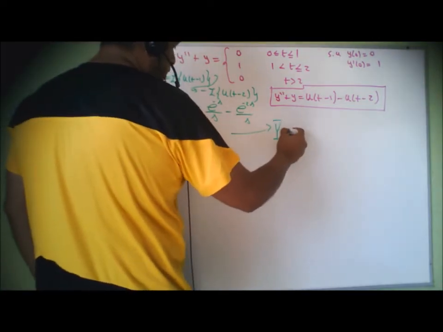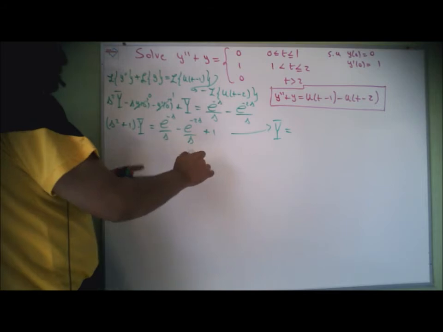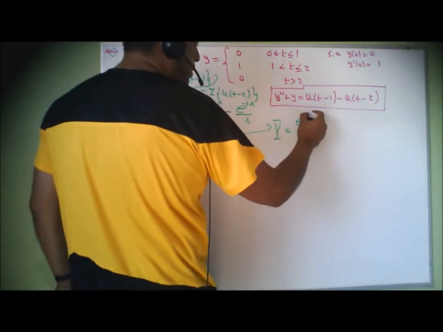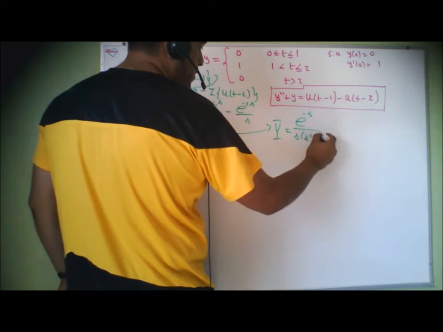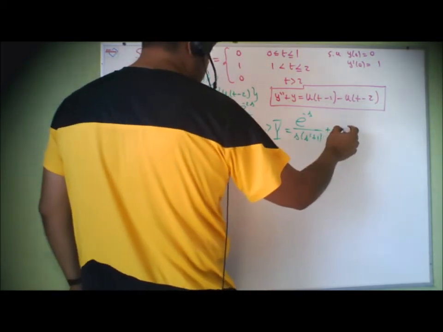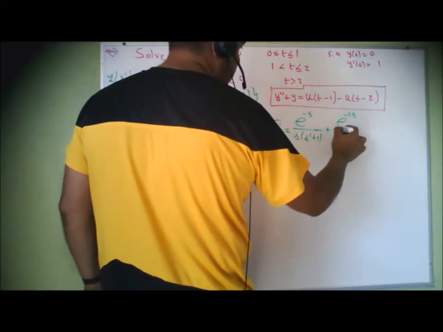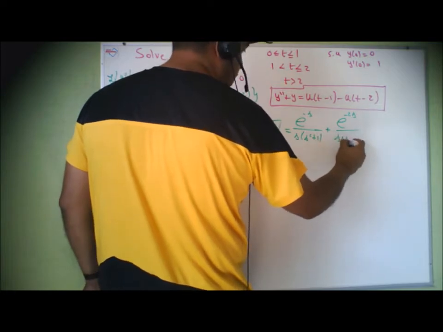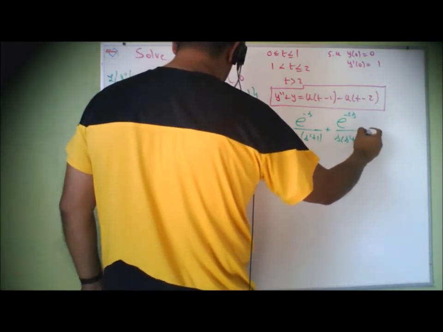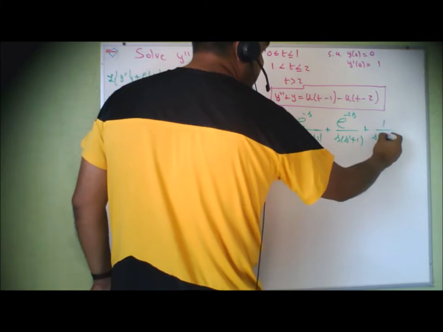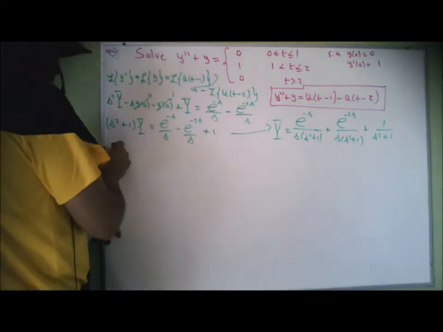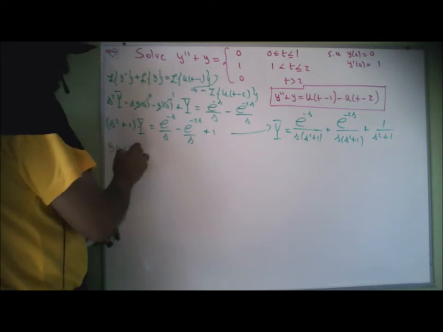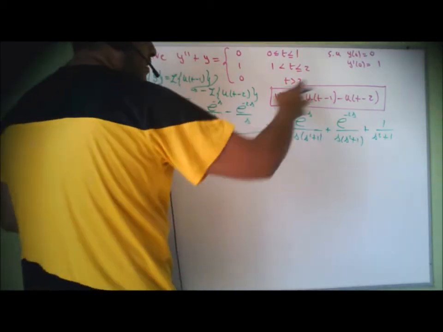Okay, let's clear the Y. Capital Y is equal to, this goes as a division, exponential of minus s over s times s squared plus 1, plus exponential of minus 2s over s times s squared plus 1, and then plus 1 over s squared plus 1. Okay, now the solution y of t is actually the Laplace inverse of this.